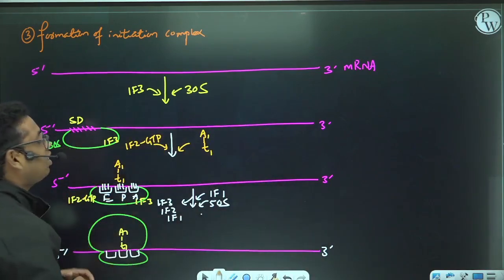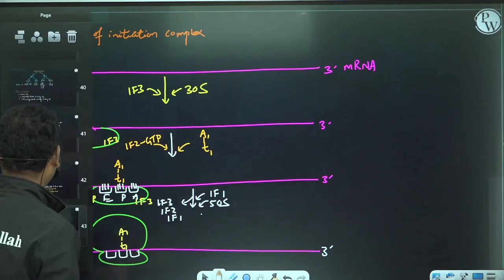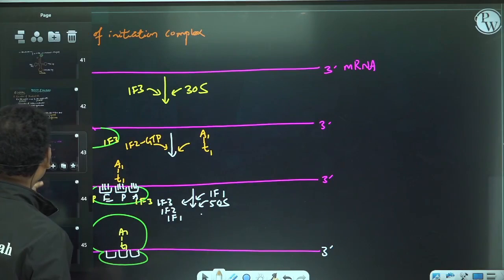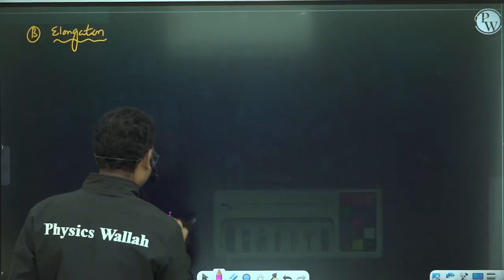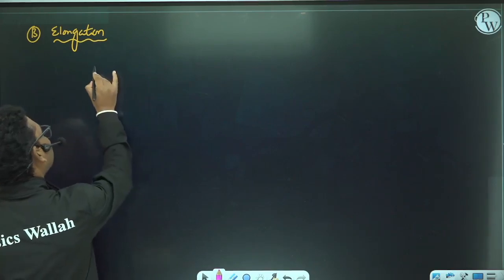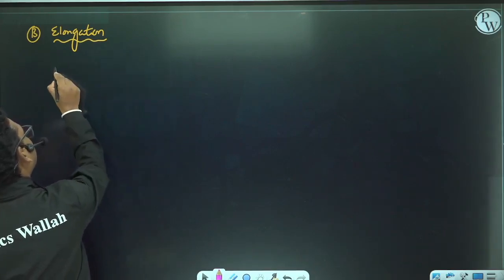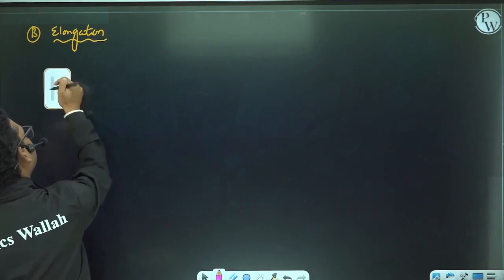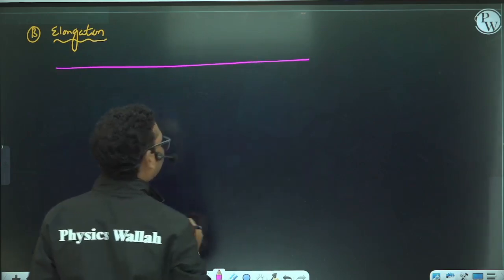So what about the elongation phase then? Let me explain that part. In the elongation phase, what will happen? So suppose this is the tRNA. So suppose this is the mRNA.